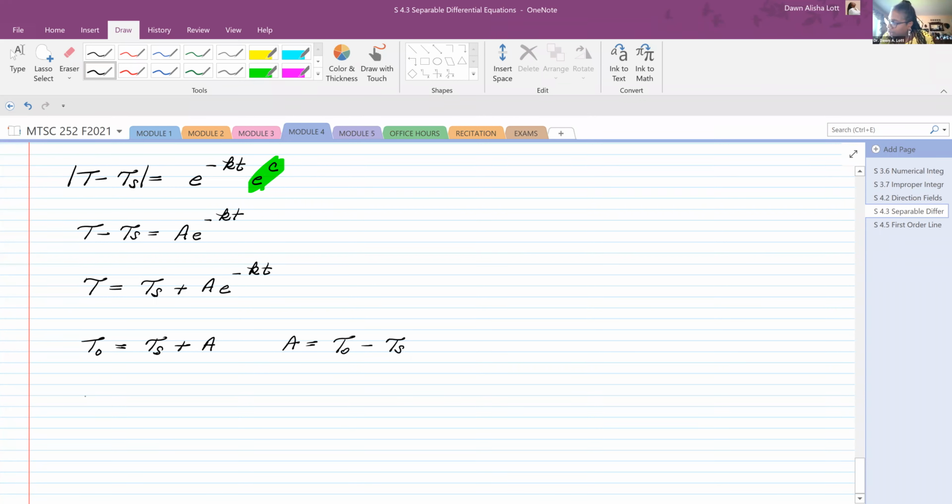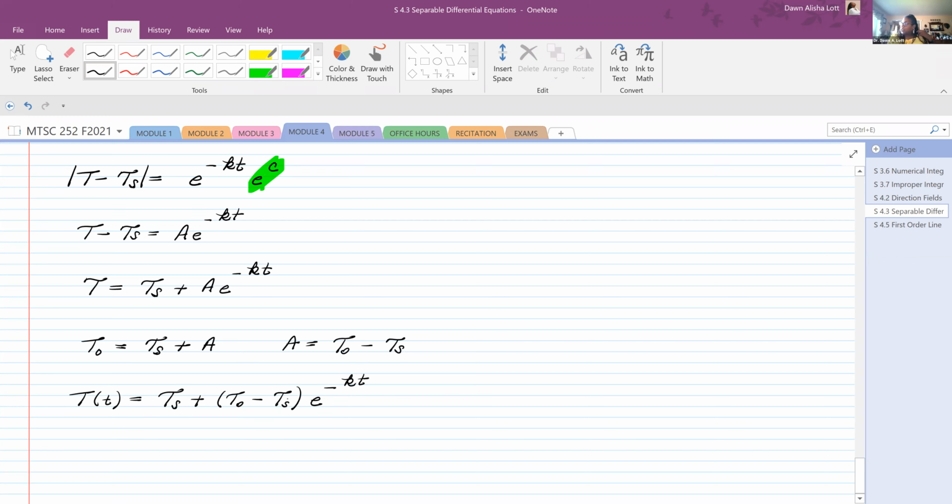Therefore T of t is equal to TS plus (T naught minus TS) e to the minus Kt. When t is 0, I just get T naught.